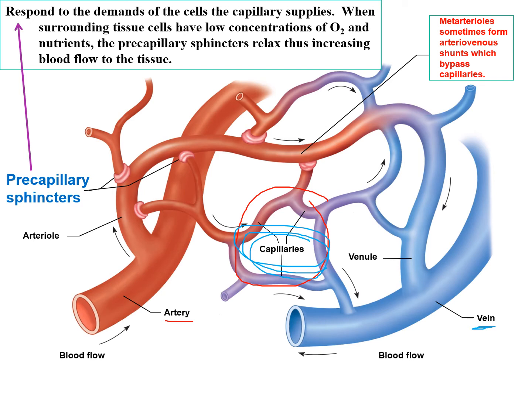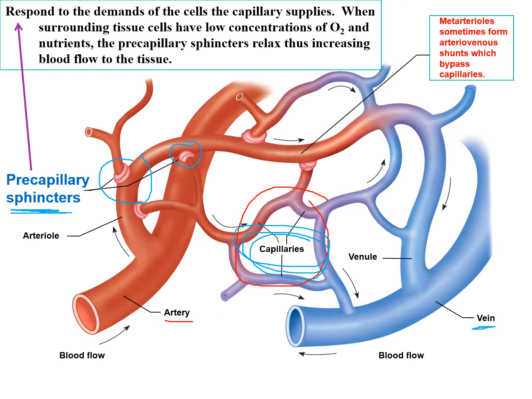Also note here that we have special rings of smooth muscle fibers here just before the capillaries, called pre-capillary sphincters. And so these can have direct impacts on how much blood passes into capillary beds. If these sphincters are stimulated to constrict, that's going to reduce blood flow into capillary beds. If these smooth muscle fibers are not stimulated, they will relax, and we will be promoting blood flow into those capillary beds.